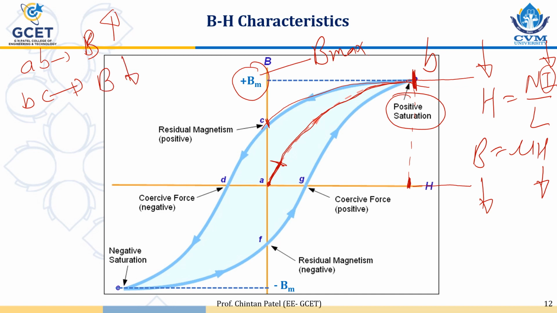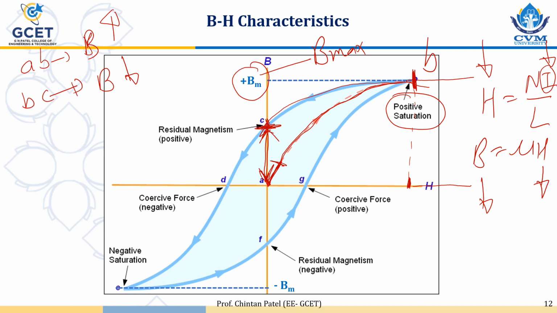Now what happens at point C? You can see at point C, H value is 0. So current is 0, and when current is 0, H is 0. Even if H is 0, B is not 0. B is having this much value, this much amount of magnetic flux density is there.